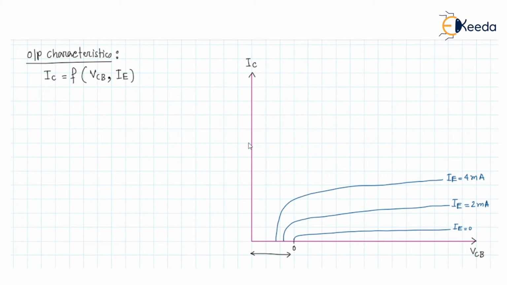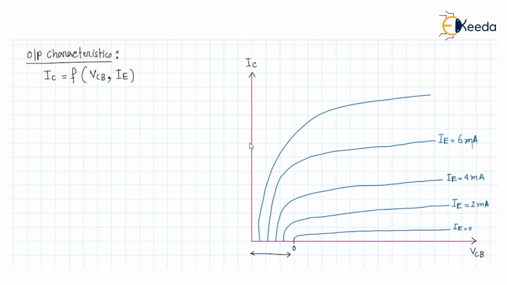So further, if we increase the value of IE to 6 milliampere, then we will get it as 6 milliampere. If we increase the IE further to 8 milliampere, then we'll get the IE current here as 8 milliampere.